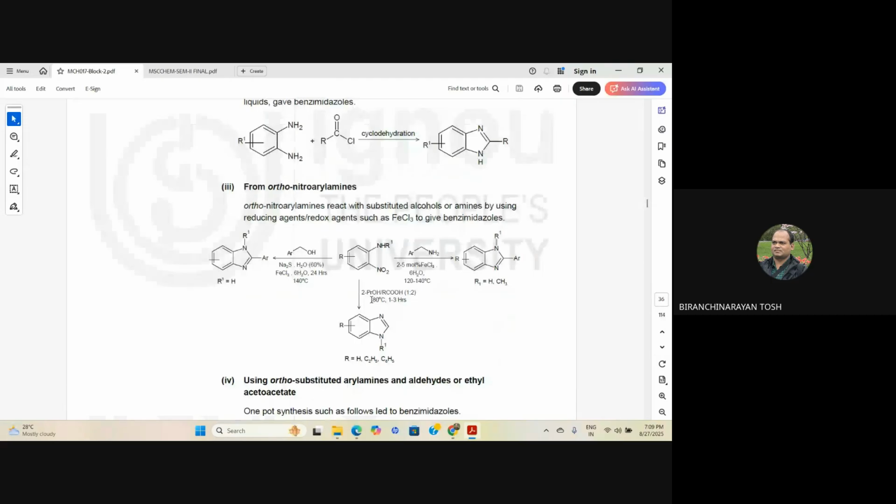Upon oxidation it forms this one. Then reaction of alkyl or aryl heterocyclic acyl chloride and orthophenylenediamine: upon cyclodehydration it gives the benzimidazole.